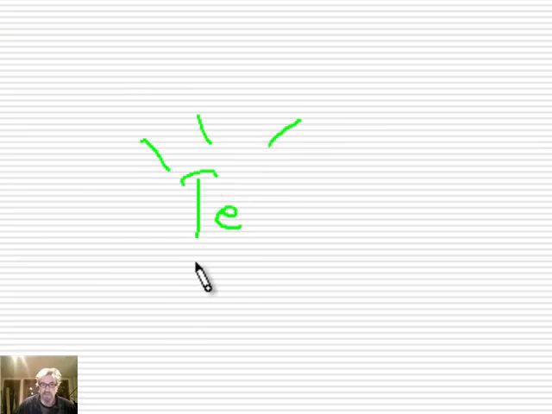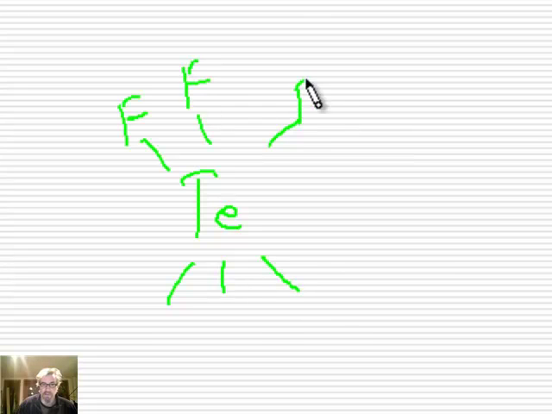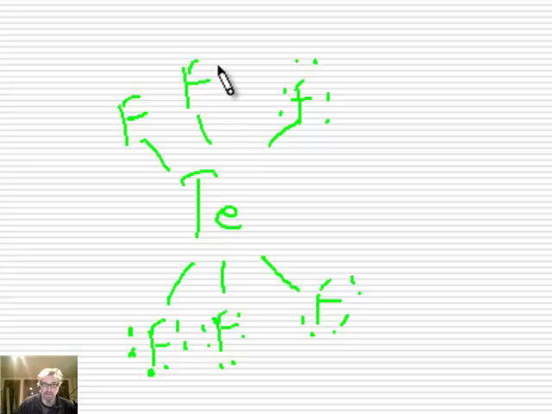Skeleton should put Te in the middle, put my 6 fluorines on the outside, and then I'll fill octets and count at the same time. 2, 4, 6, 8, 10, 12, 14, 16, 18, 20, 22, 24, 26, 28, 30, 32, 34, 36, and then I go to the bonds, 38, 40, 42, 44, 46, 48. So that's the correct structure.